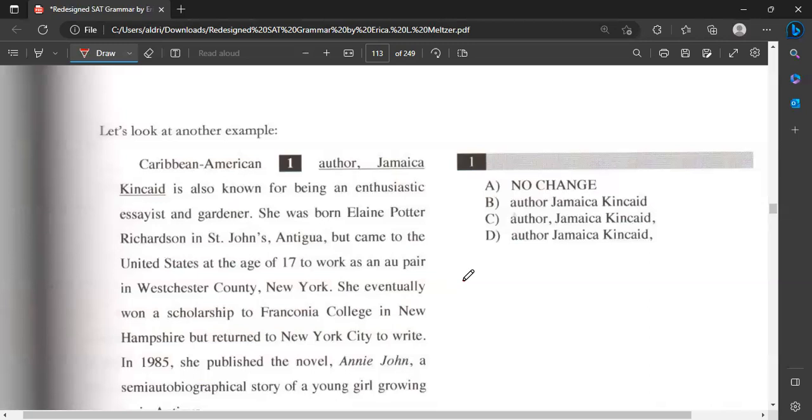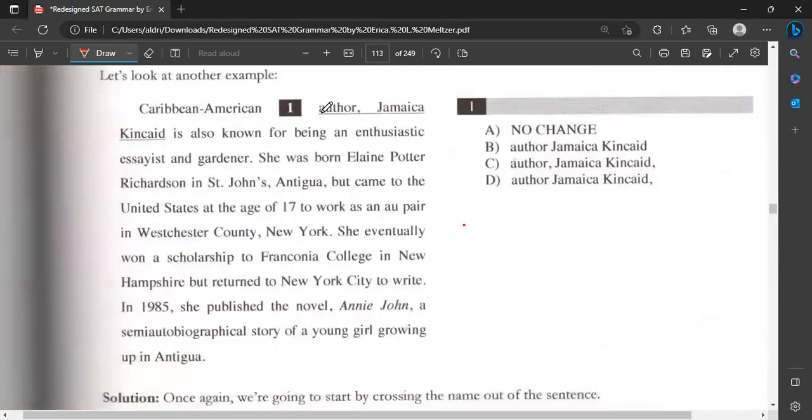We have a B, we have a C. Okay. I'll get into it real quick.